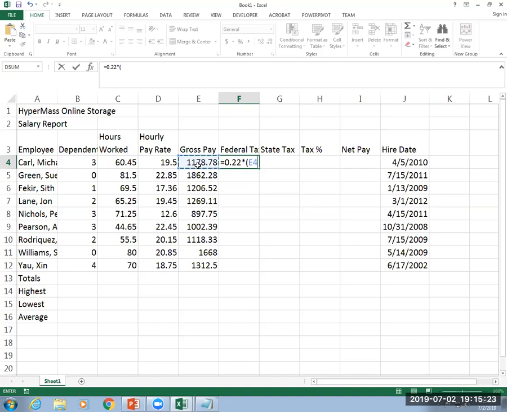E4, minus the dependents, which is B4, and then multiply that by 24.32. So what this is really doing is the quantity of E4 minus the quantity of B4 times 24.32.